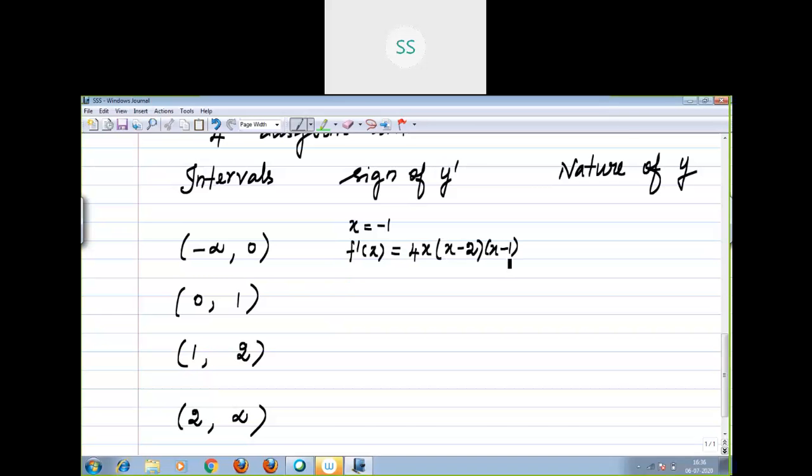When you substitute negative, that is minus 1, the first is negative, second also negative because minus 1, minus 2, minus 3. Third is also negative. That means f dash of x less than 0, f dash of x which is equal to negative. That means what is the function? Function is strictly decreasing.